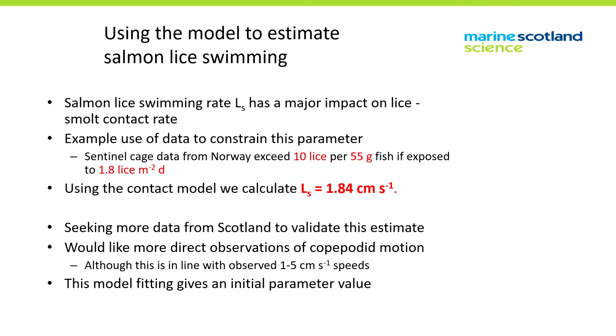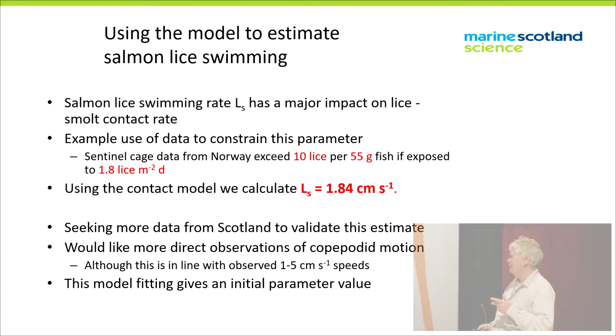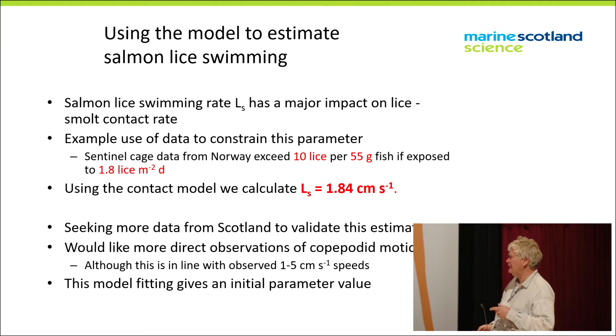We've just fitted some example data from sentinel cage data in Norway: 10 lice per fish, per 55 gram fish, if exposed to 1.8 lice per meter squared. We've fitted that back into the model and back-calculated that this would imply a swimming speed of 1.84 centimeters per second.